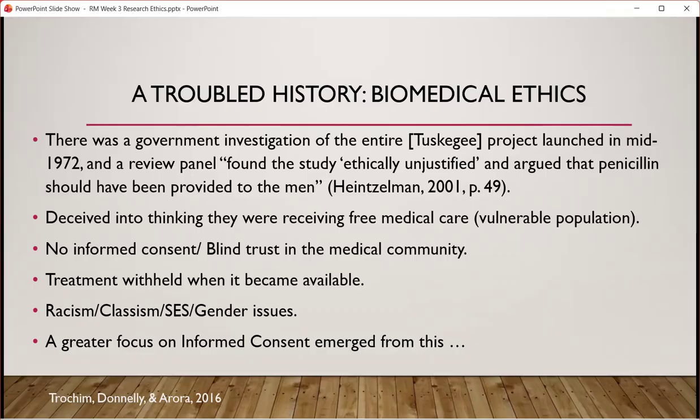They were a vulnerable population who were eager for medical care and help. There was no informed consent. At that time there was very much a blind trust in the medical community. Of course, you're going to help us. Treatment was withheld when it became available, which is egregious. And there were so many issues around racism, classism, socioeconomic status, and gender issues. And of course, absolutely no informed consent to any of this treatment or experimentation. So a very long, dark, nasty shadow.